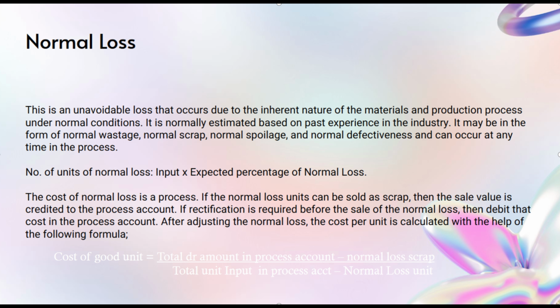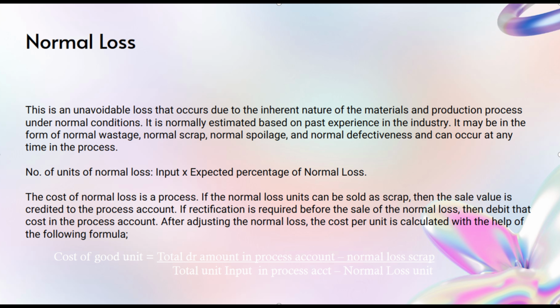Number of units of normal loss is equal to input times expected percentage of normal loss. The cost of normal loss is borne by the process. If the normal loss unit can be sold as scrap, then the sale value is credited to the process account. If rectification is required before the sale of the normal loss, then debit that cost in the process account.